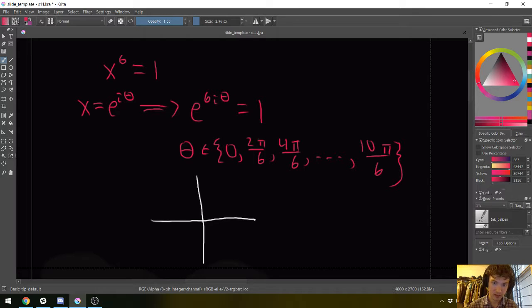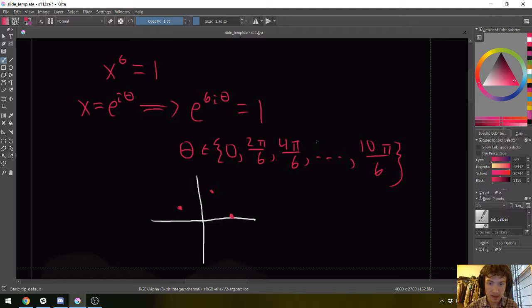Well, that's pretty easy because 2 pi over 6 is pi over 3, which is maybe down here. Oh wait, sorry, that was pi over 6 I drew. Pi over 3 is up here. 0 is down here. 4 pi over 6 is 2 pi over 3, which is down here, I think.